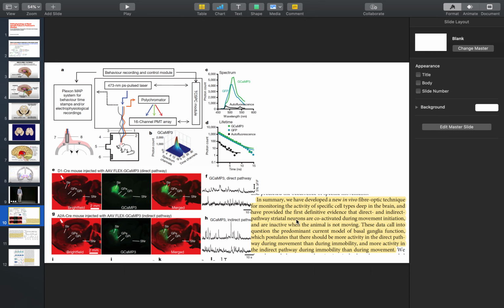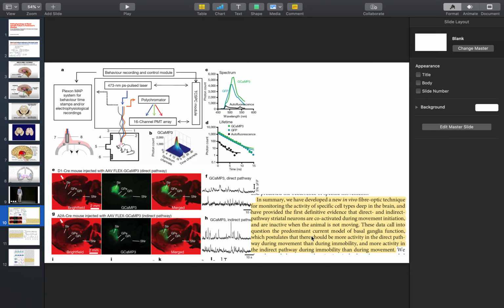And what they found was that the striatal neurons are co-activated during movement initiation and are inactive when the animal is not moving.